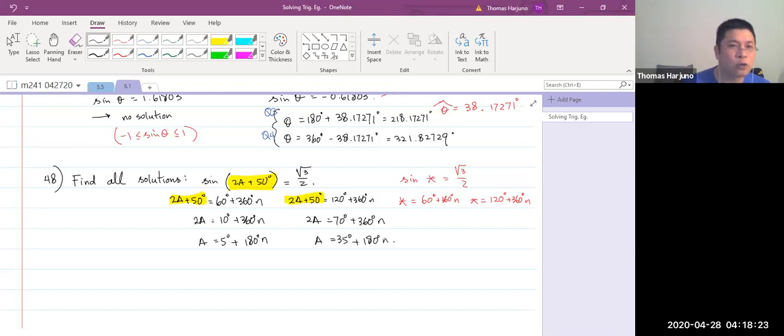Okay, so instead of solving for a right away, we solve that package first, 2a plus 50 degrees, because we know what the solution is supposed to be. And then from there, we solve for a.